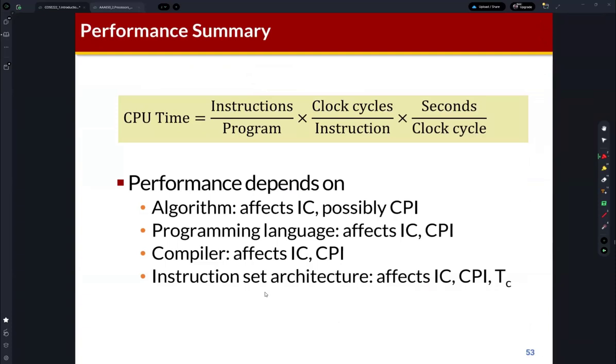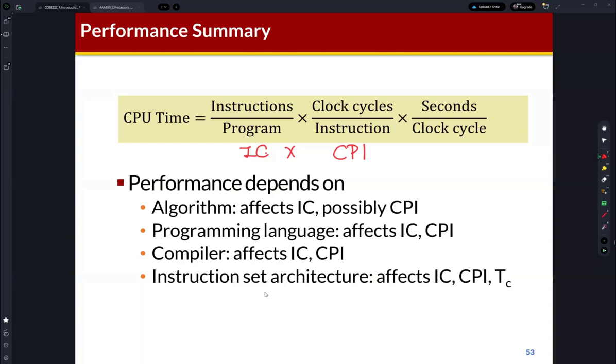So this is the performance summary. As I mentioned, this equation is so critical, okay? The CPU time is instruction count, which is the number of instructions in a program, multiplied by CPI, the average number of clock cycles per instruction.